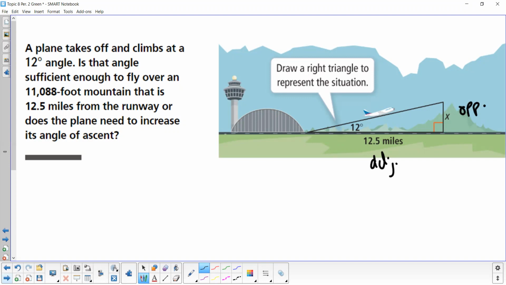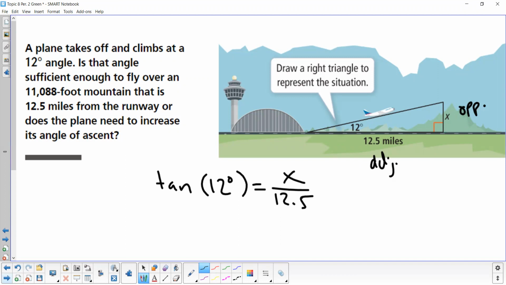Let me guess. Which trig function uses opposite and adjacent? I got 2.7. Now, how do I get x by itself?